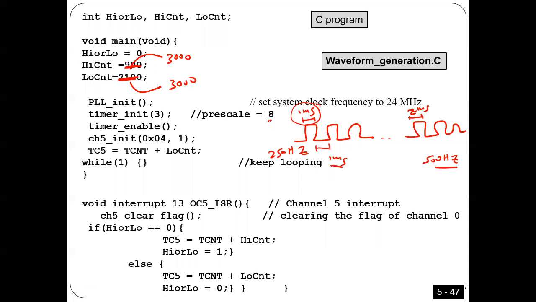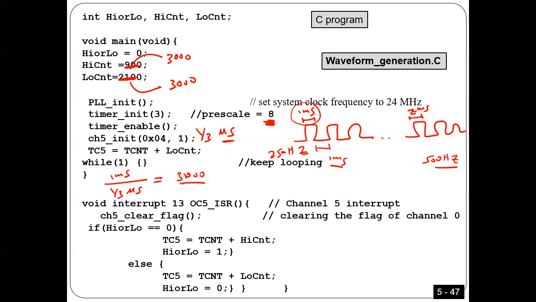Because based on the prescale of 8, as I explained last time, the time for one count is 1/3 microsecond. If you divide 1 millisecond by 1/3 microsecond, you get 3,000. Is that okay, guys?